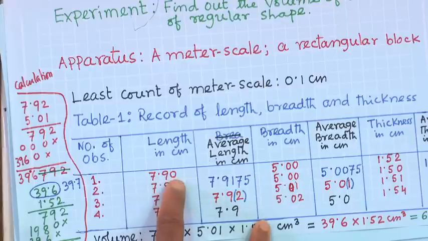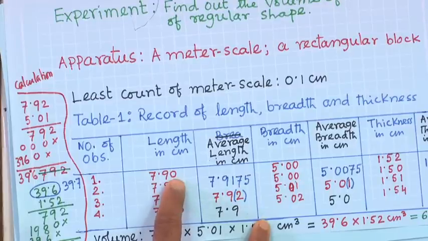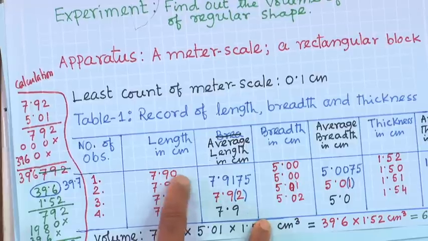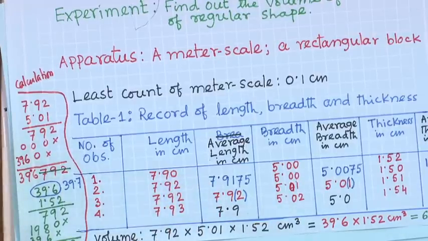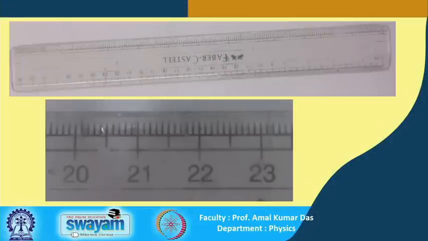Then 7.9 has 100% accuracy, and the 0 is doubtful, because in the meter scale, between these two lines it is 1 millimeter, but you have scope to guess if some reading is between these two lines. You can guess it is 50%, in the middle, or slightly left of the middle or slightly right of the middle.